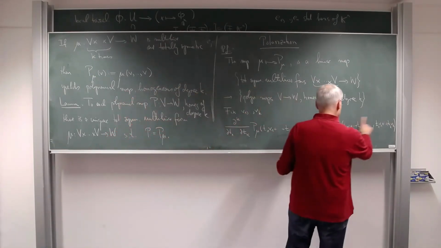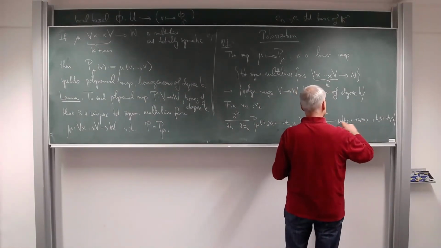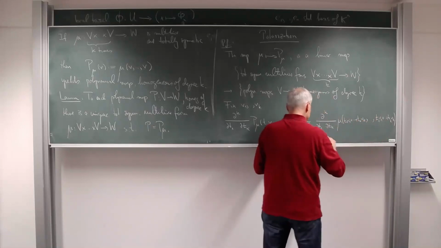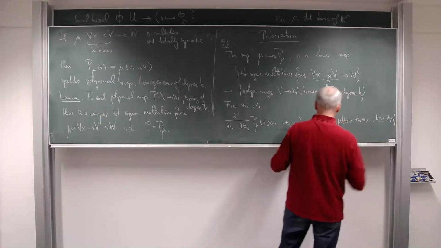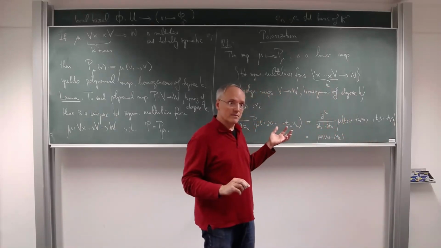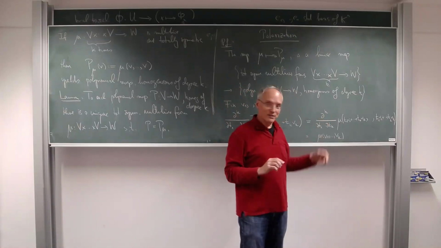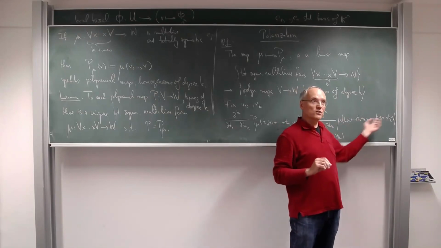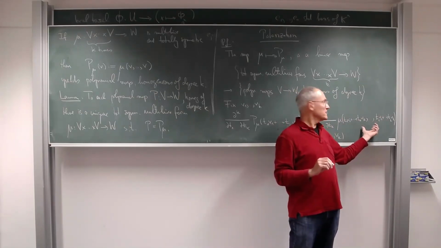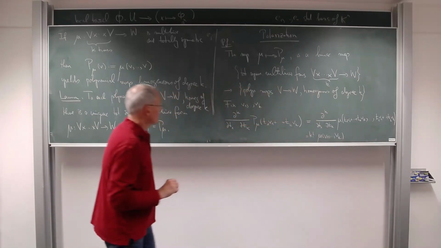So the coefficient of t1 all the way up to tk in this polynomial is exactly mu of v1 up to vk, except that it appears many times, not just once. How many times does it appear? k factorial, yes. Because all possible orders correspond to all possible permutations of k entries, and there are k factorial of them. So that's what we get.